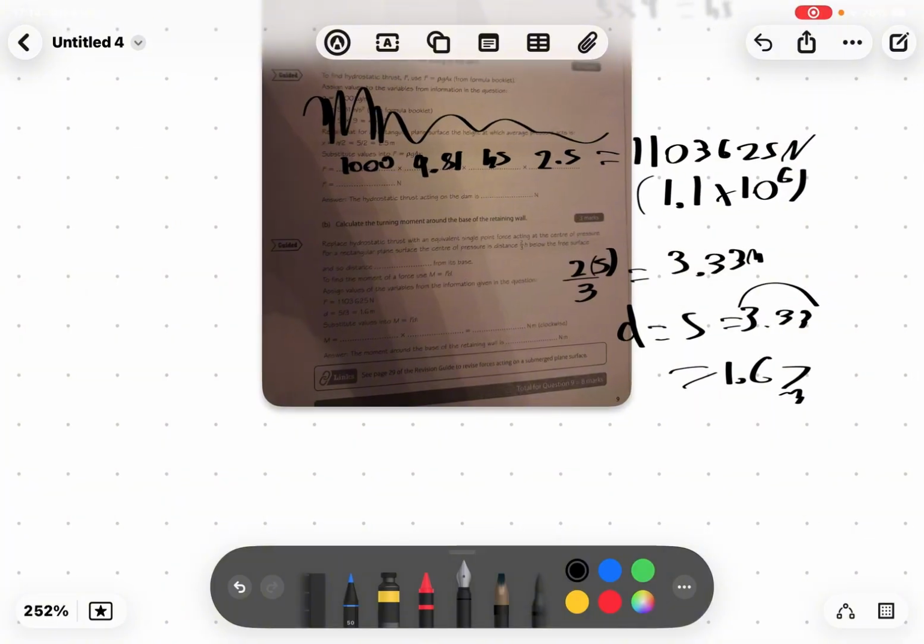And now calculate the moment. The moment is given by force times the distance that we got.